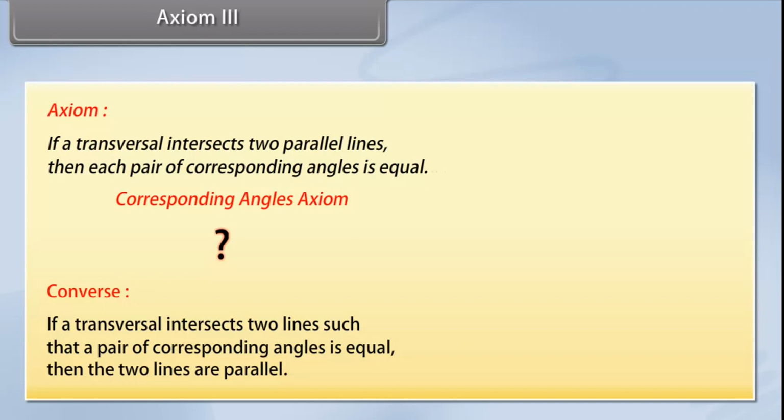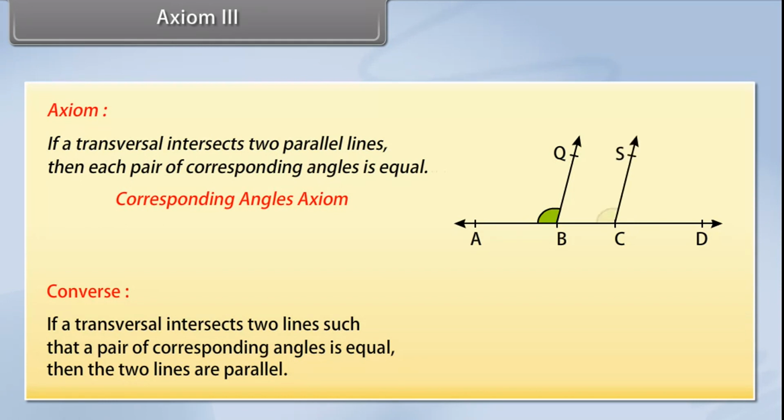Let us verify it. Draw a line AD and mark points B and C on it. At B and C, construct angle ABQ and angle BCS equal to each other on the other side of AD to form two lines PQ and RS. We can observe that the two lines do not intersect each other.